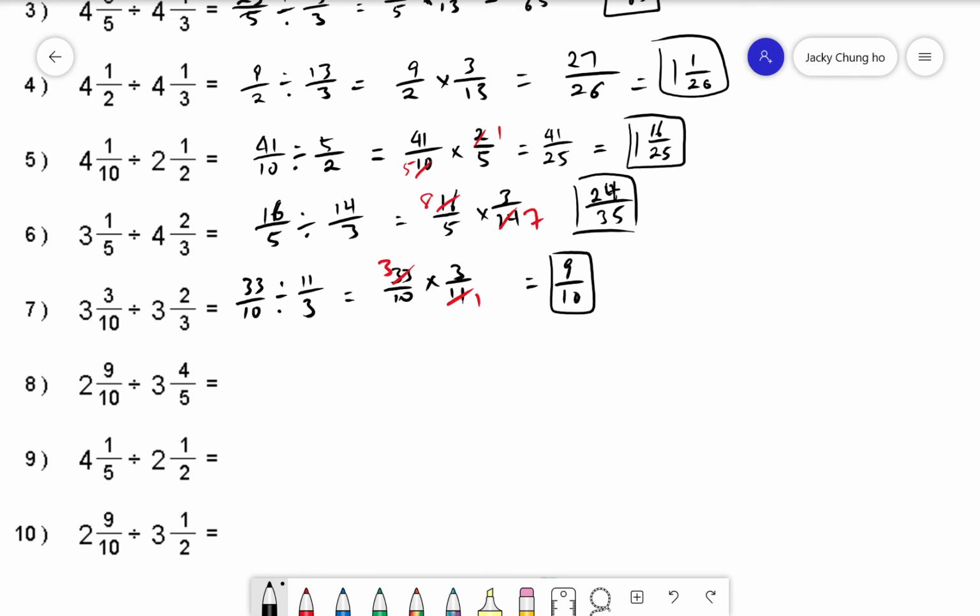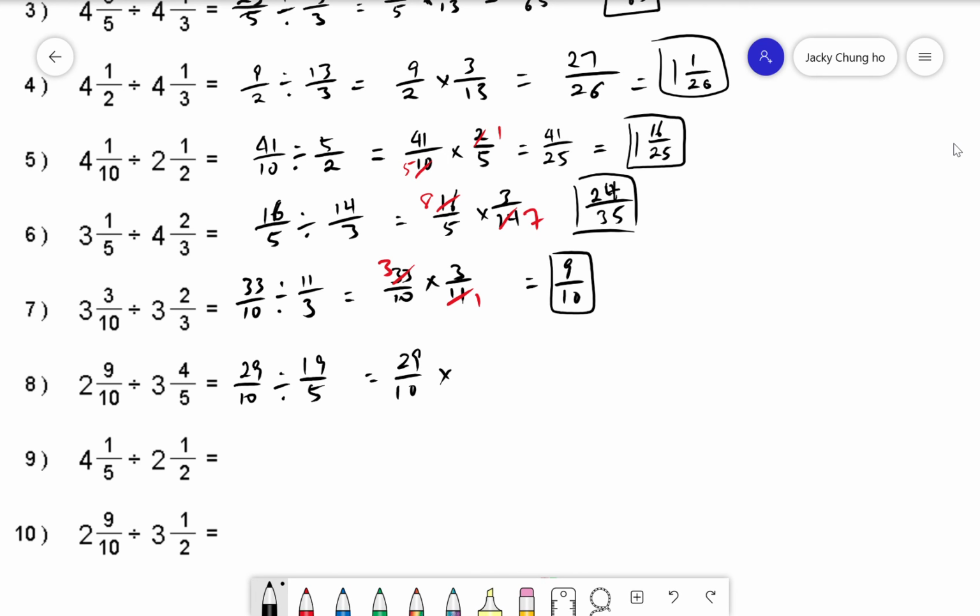Number 8, 2 and 9 over 10 divided by 3 and 4 over 5. This will become 29 over 10 divided by the improper fraction of the second fraction, which will be 19 over 5. Now we can move forward to making the division operation a multiplication.